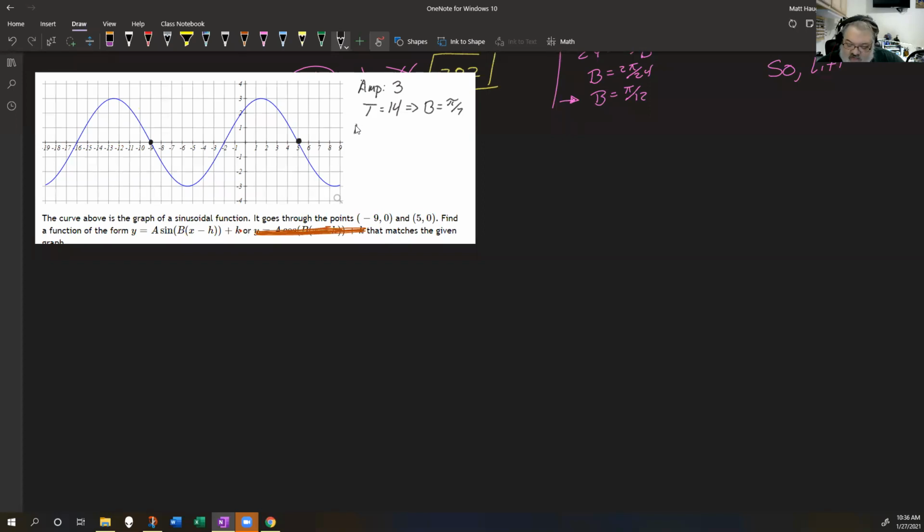Now, what about our phase shift? How much is this thing shifted? -2. Good. -2 is a nice choice.